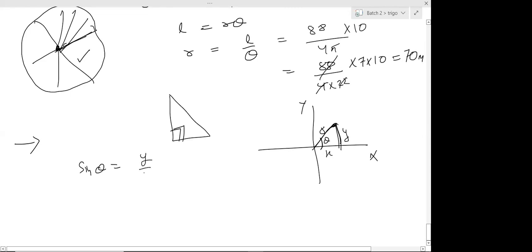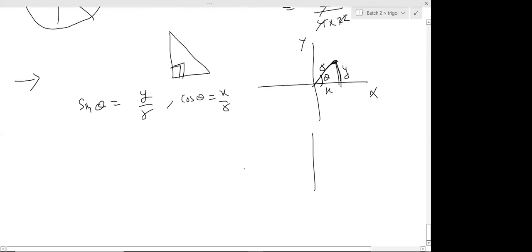So I can write y upon r, and cos theta as x upon r, and so on. If I take a point here and this triangle, this is theta, but this angle is also more than 90 degrees. This way we read the circular system.